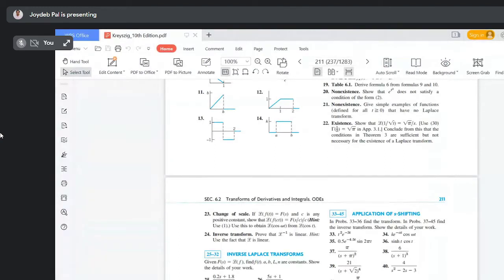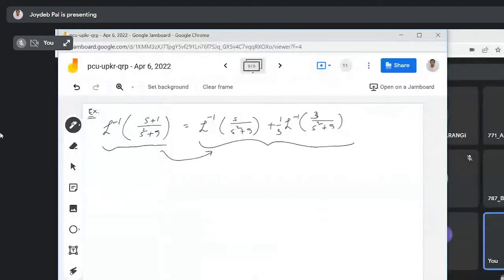So, problem 24. Look, for that I am assuming Laplace transform of f(t) is equal to F(s) and Laplace transform of g(t) is equal to G(s).